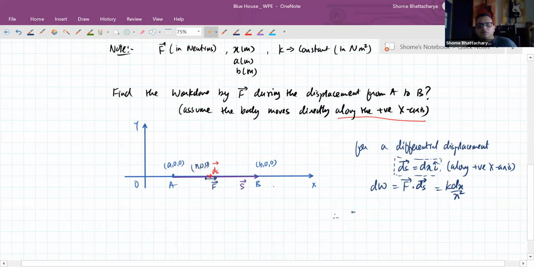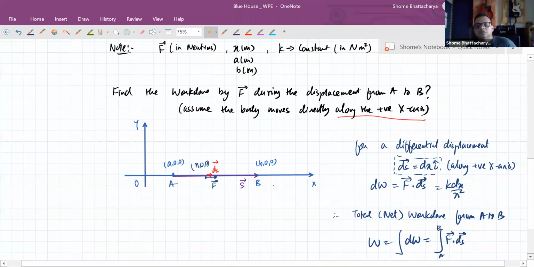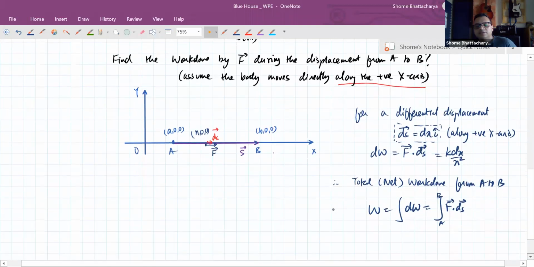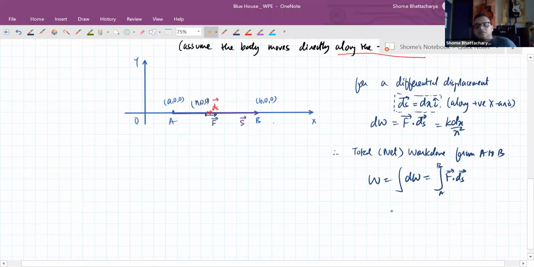So therefore the total work done, or you can say net work done, from A to B, will become the integration of f dot ds from the initial position A to the final position B. Here we will have to substitute f dot ds as k dx upon x square.